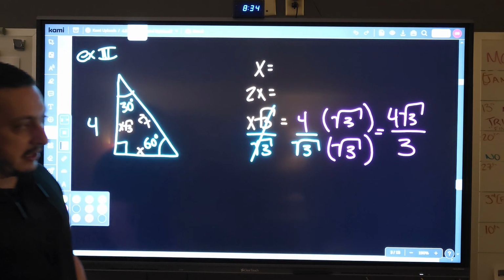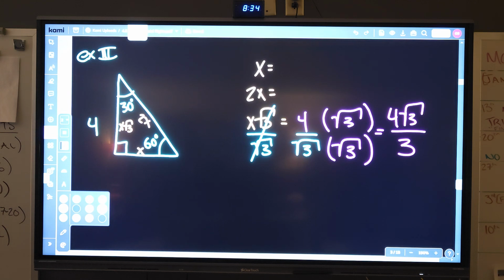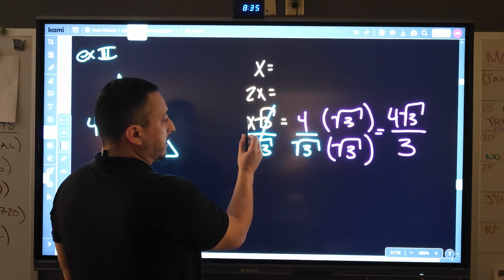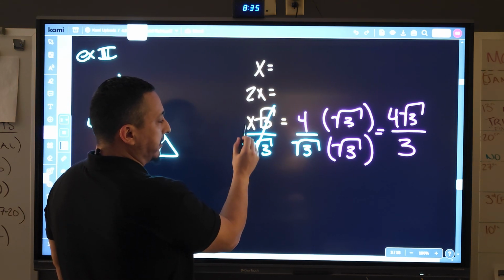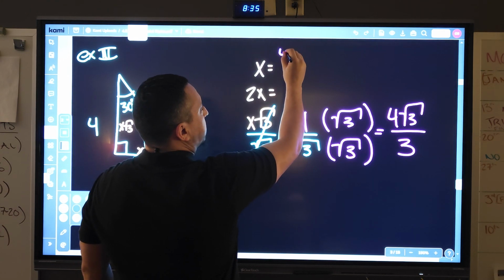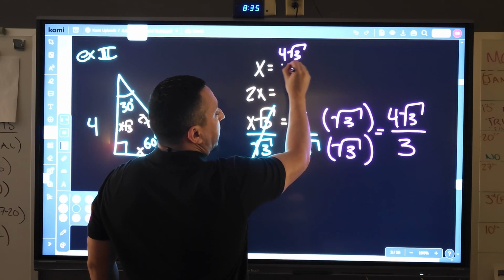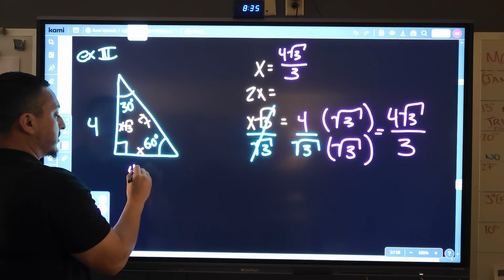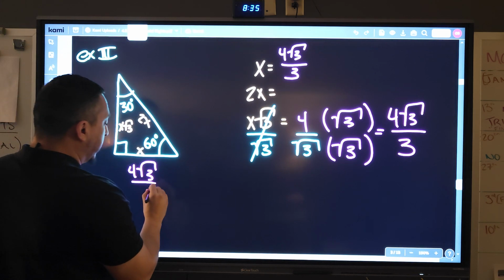In this case, the 4 and the 3 don't cancel because there's not a number that goes into 4 and 3. Notice I just have x by myself, so x equals 4 square root of 3 over 3. So this side is 4 square root of 3 over 3.